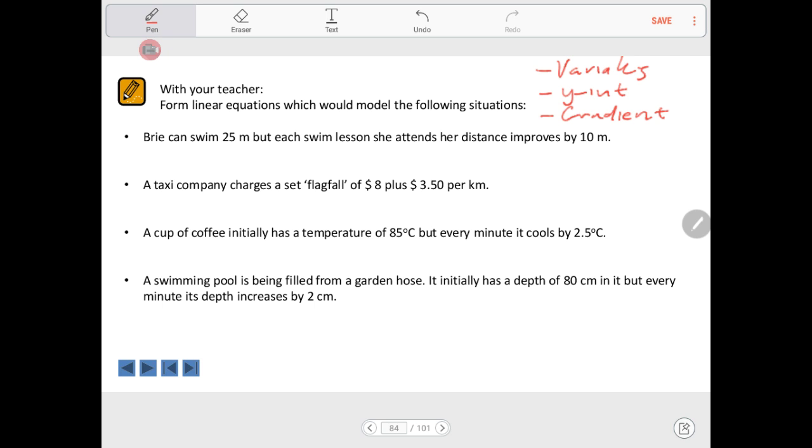Okay, so in this one, we've got Bree, and she can swim 25 metres at the moment, but each swim lesson she attends, she improves her distance by 10 metres. So what are the variables?